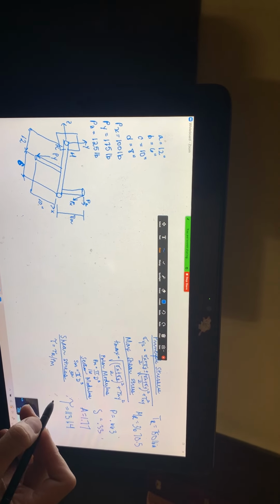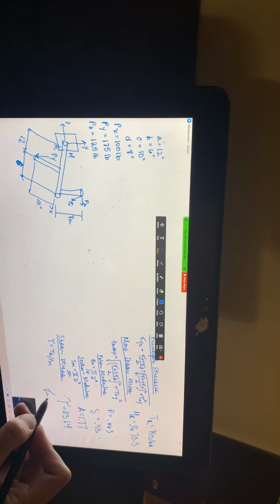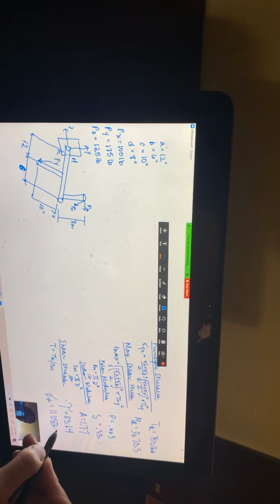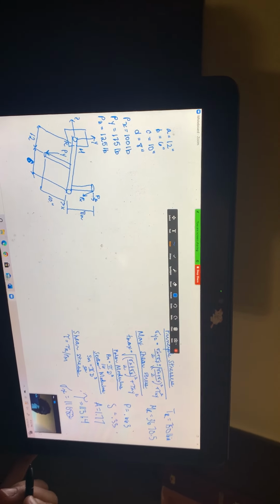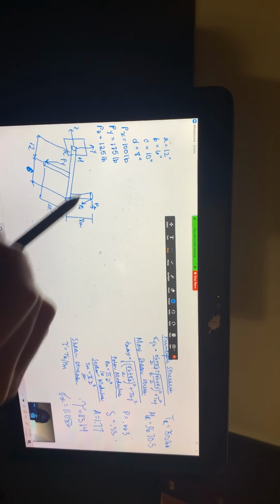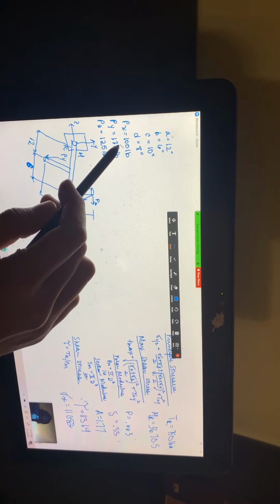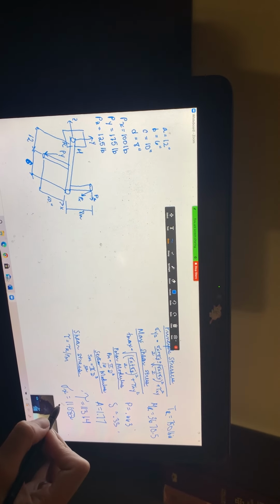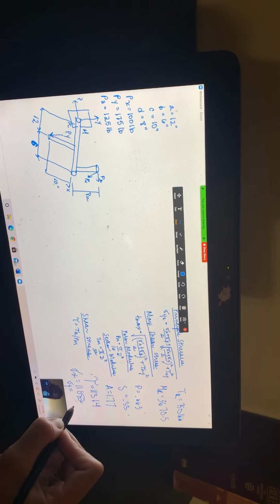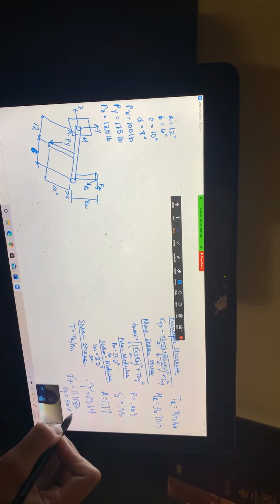And the answer for that is 1,182. And now for the axial, it's just the force in the x direction divided by the area. And your answer for that is 56.6 psi.